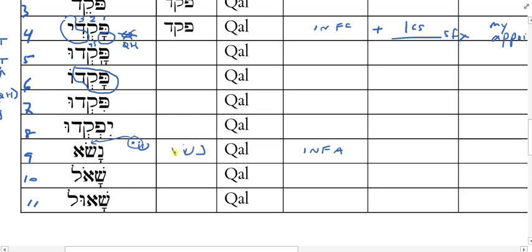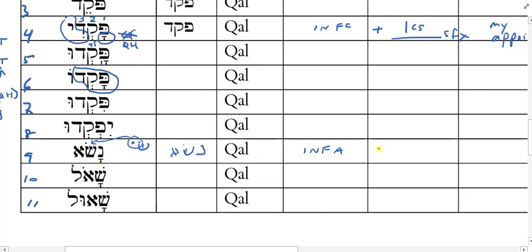What are my root letters? Nun, sin, aleph. By the way, the qal perfect of this verb is nasa, and it means to lift, to take up, to lift. I do know some people, especially around here in Houston, think of NASA when they think of nasa. And in NASA, you're lifting up spacecraft. So maybe that'll help you.